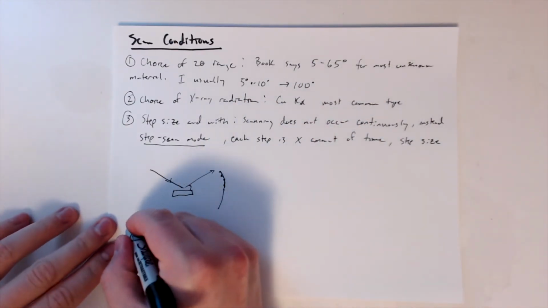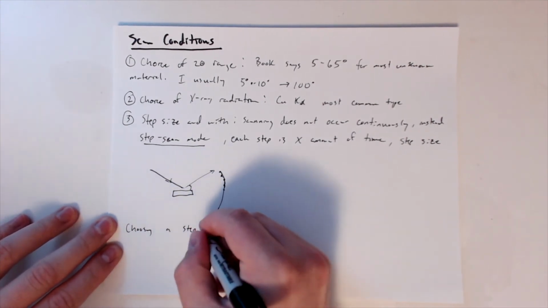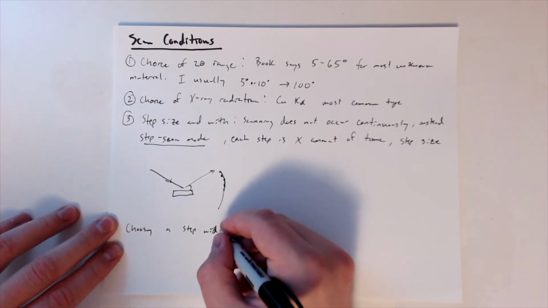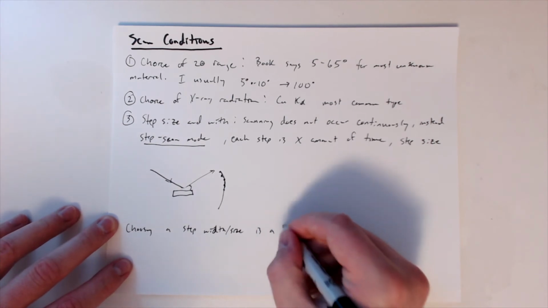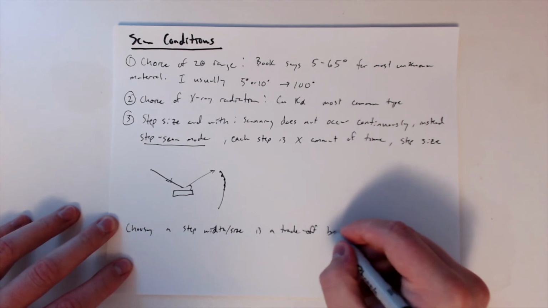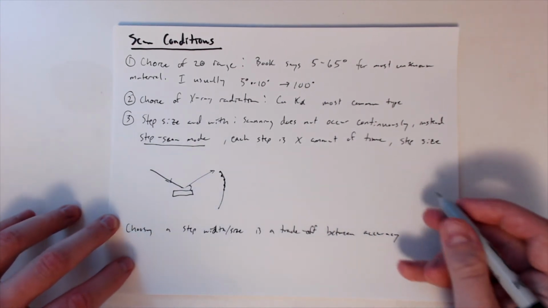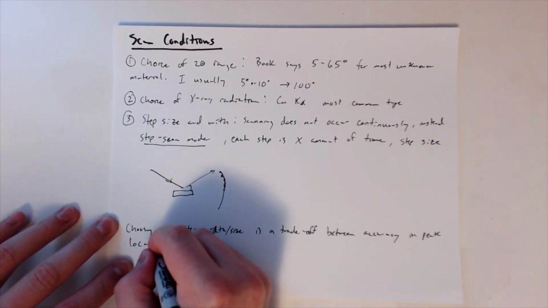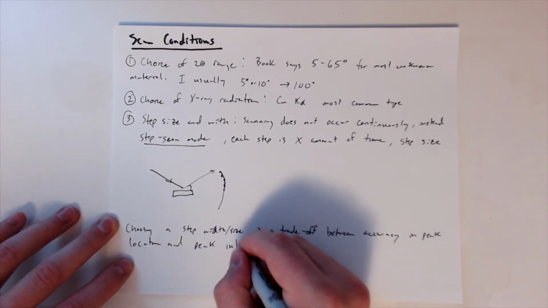So that's why we get the step scan mode out of that. So choosing a step width, step size, is a trade-off between accuracy in peak location and peak intensity.